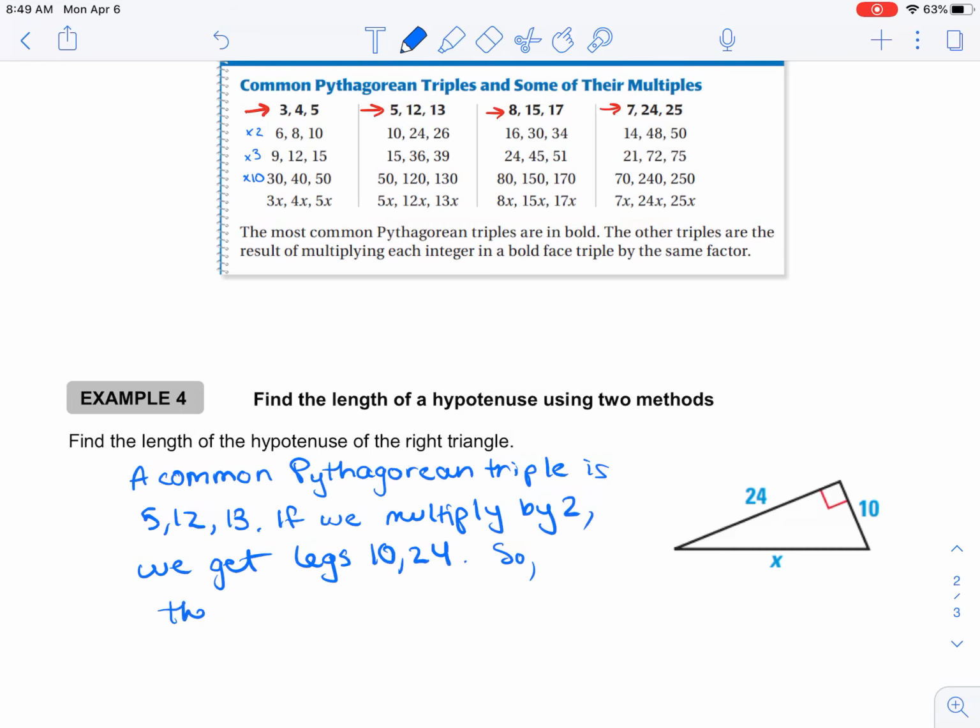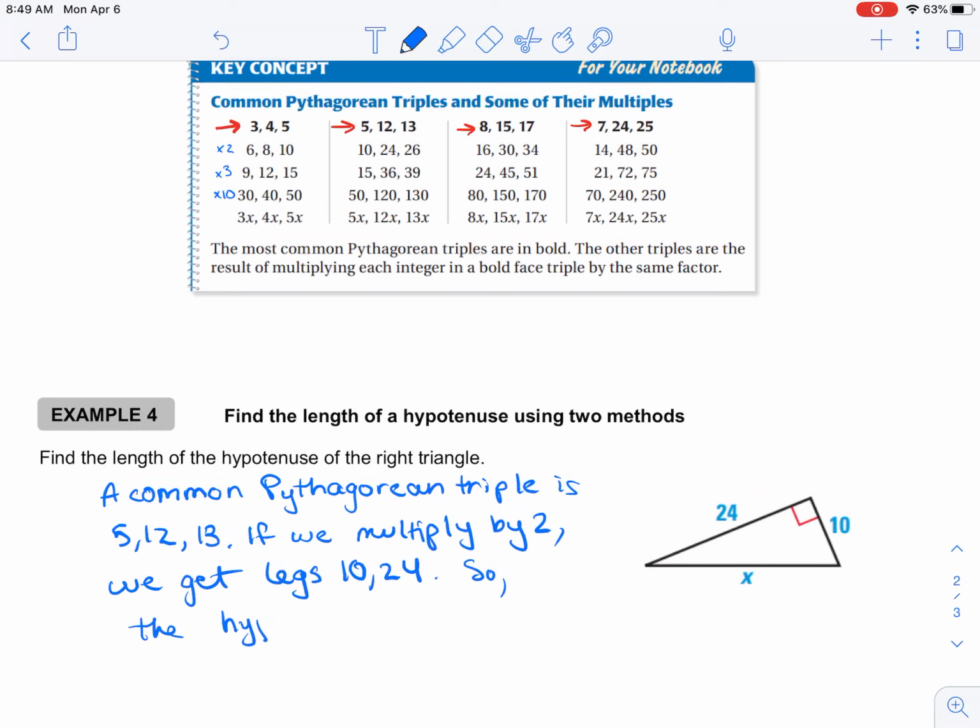So the hypotenuse is, if we look here, 13, right? 13 times 2 would be 26. So the hypotenuse is 26 here. And it is actually a line here. But if you don't have a table on hand and you had memorized at least those bolded ones, that's how you could do this easily without having to solve anything, which is pretty nice.